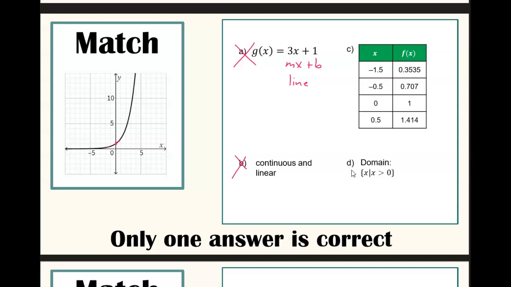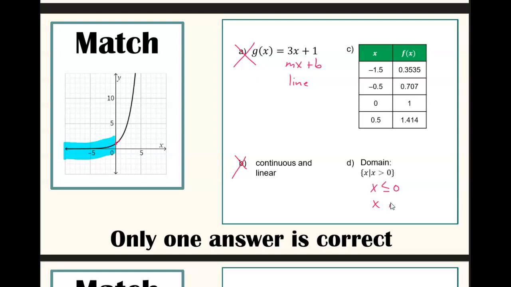Let's eliminate D. So why would this not be correct? X is greater than 0. Well, it's because if you look over here, X values below 0 also work. All of this down here is a valid function. It's part of our function. So our domain is not just X is greater than 0. It's also X is less than or equal to 0.